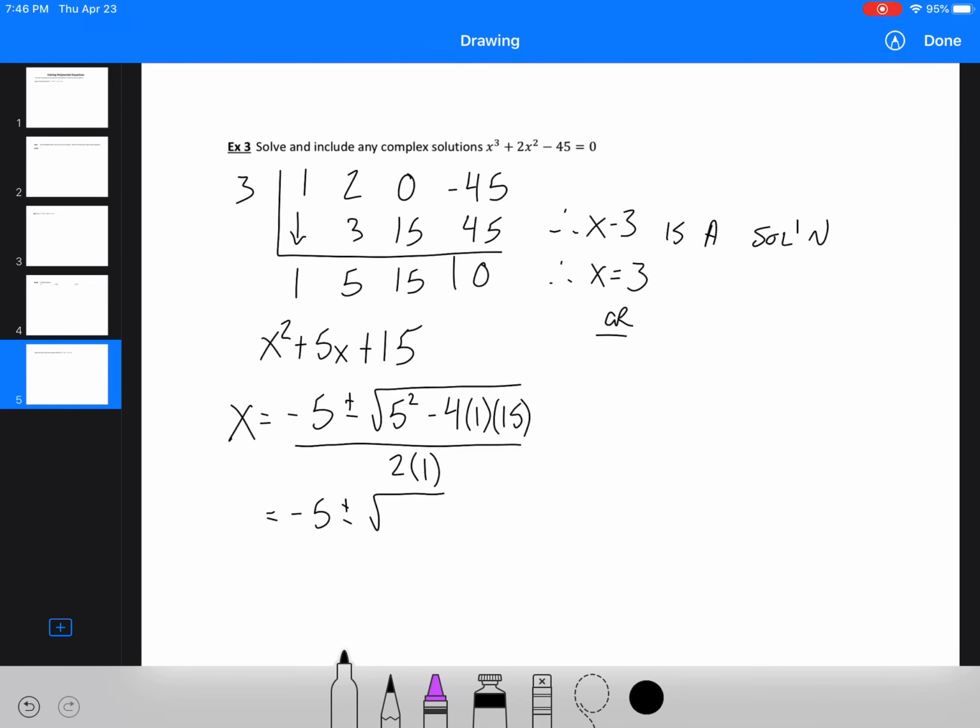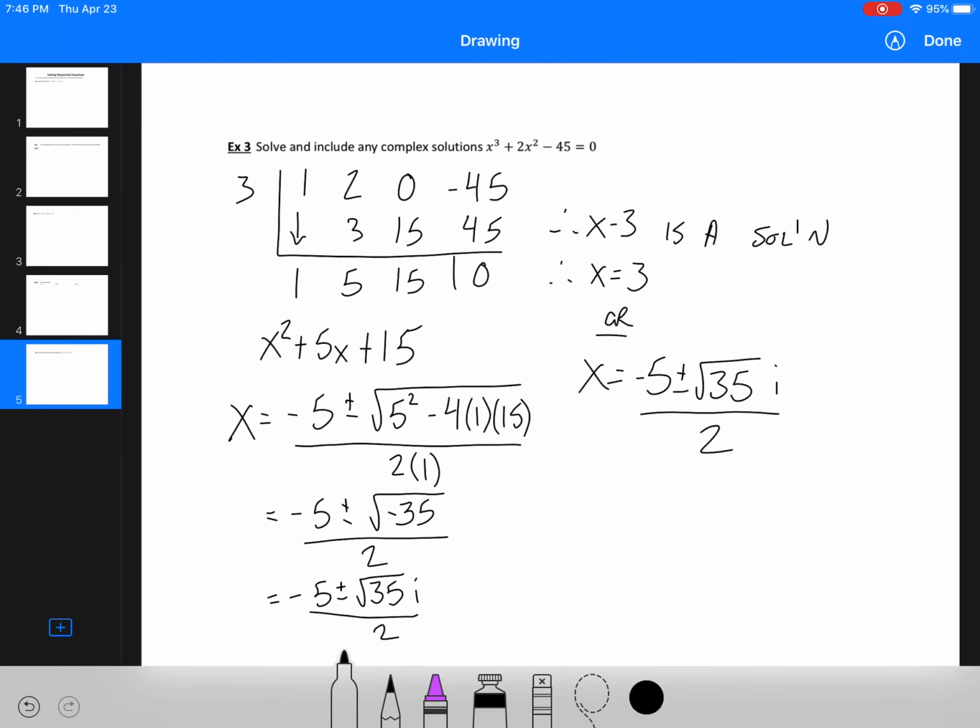So in the square root, we're going to get a negative number there. So we've got our negative 35. We'll change that to negative 5 plus or minus root 35i over 2. And remember, I'm not going to reduce that radical, just because some calculators do it and some don't. All right, and there is our solution.